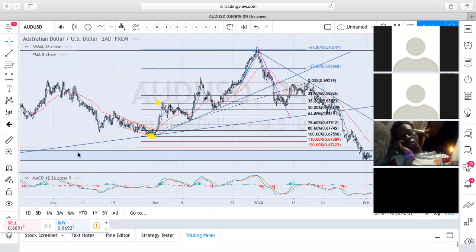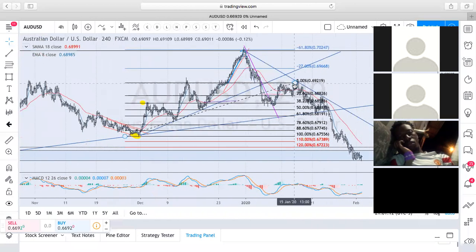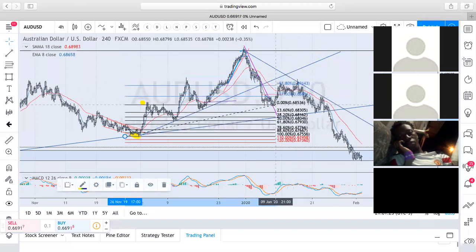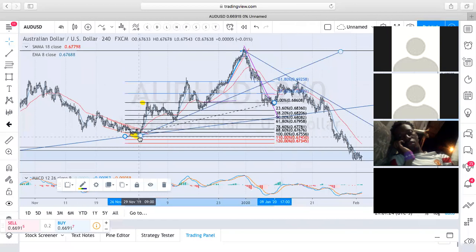The reason I love fib so much is that no matter where I put this fib level, take profit always gets hit. If I go to this first A to B, we have point A here where the yellow is, point B, retrace to point C, take profit hit at the 61.27.